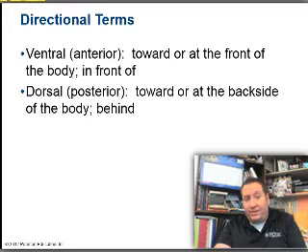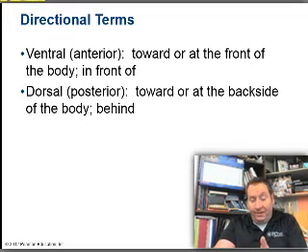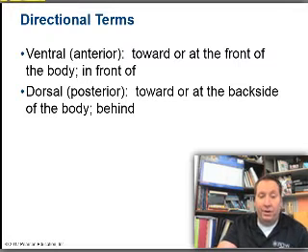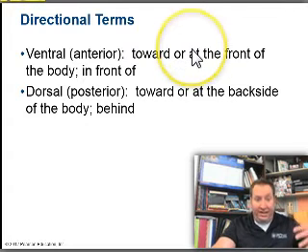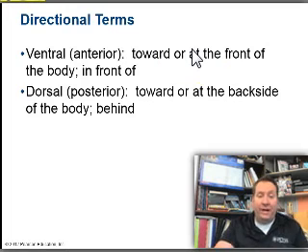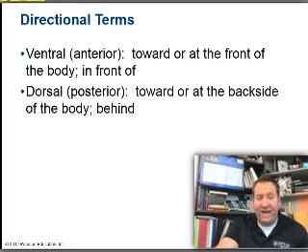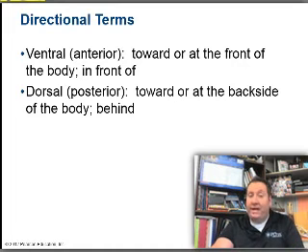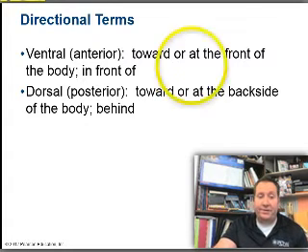If I'm using ventral and dorsal, posterior and anterior, these terms are used to describe the location of one structure compared to another. If we're all talking the same talk, then we don't get confused, which is why we have these directional terms to explain the direction or location of one structure compared to another structure in the human body.